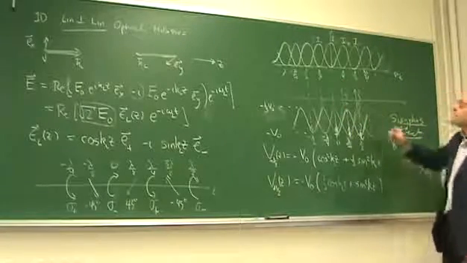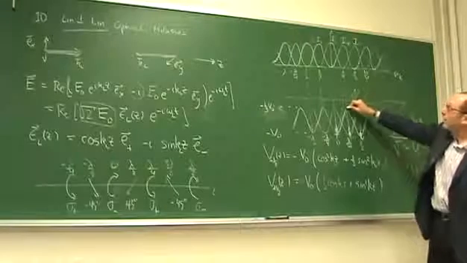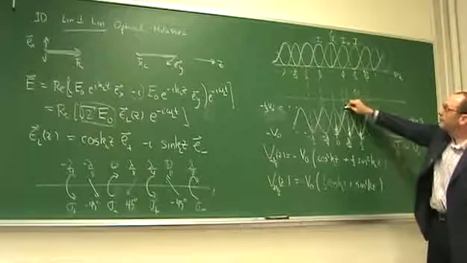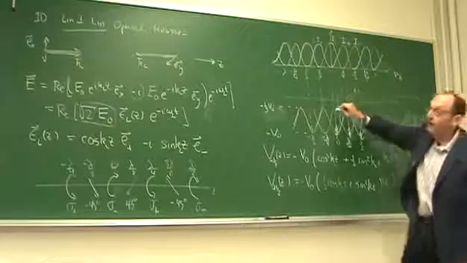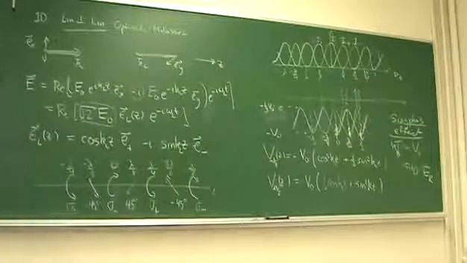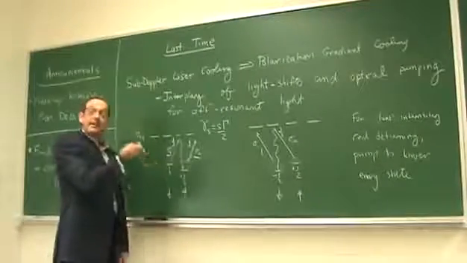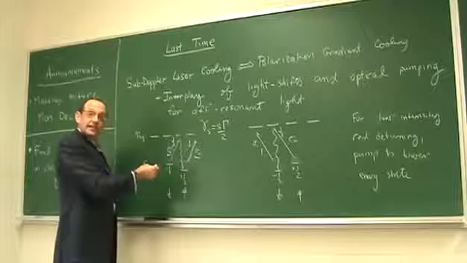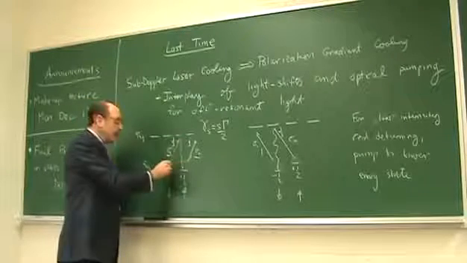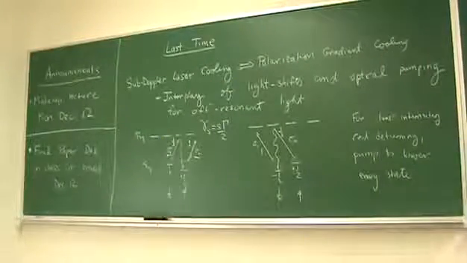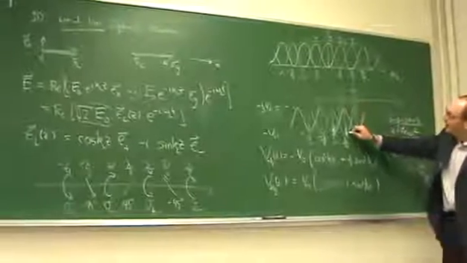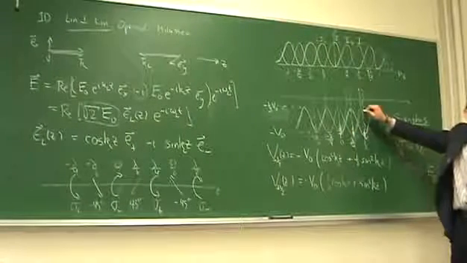But the process is such that when all of a sudden this atom finds itself a quarter wavelength over, it finds itself in the presence of predominantly sigma plus light, in which case the atom will optically pump from spin down to spin up. And all of a sudden it will be in this potential well. And then it starts climbing this hill.